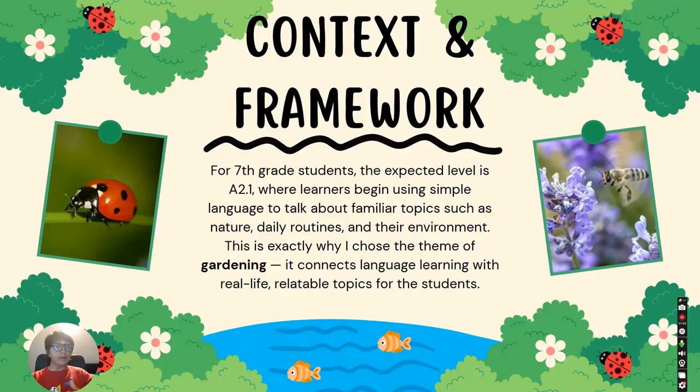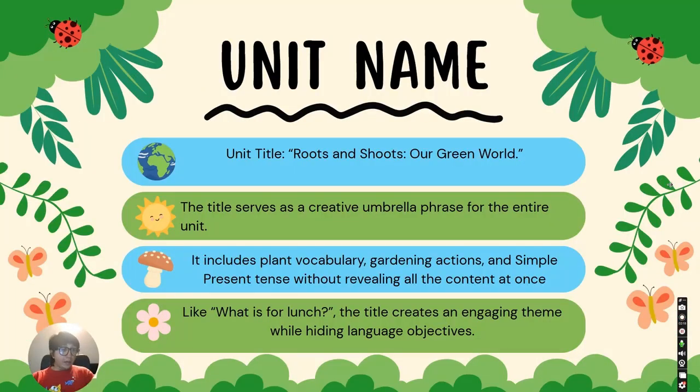This is exactly why I chose gardening as the theme of this unit, since it connects the language learning with real world topics. Students can easily relate to this. Now, why such a name? I know, Roots and Shoots, Our Green World. It may sound a bit corny, right? But I chose the name as an umbrella phrase.